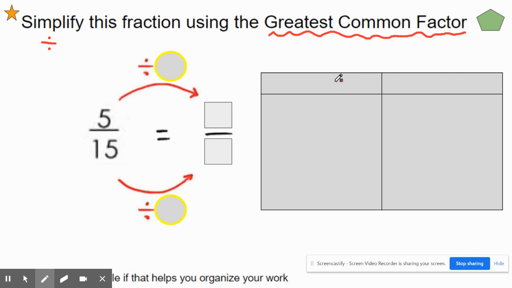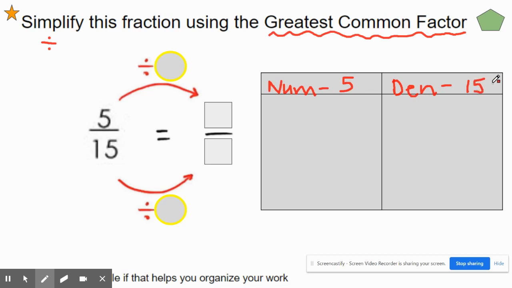All right, so the first number is our numerator. I hope y'all are okay if I just write N-U-M for numerator. And our second column is for our denominator. I'm just going to write D-E-N. So our numerator, the top number is 5. And the denominator is 15.